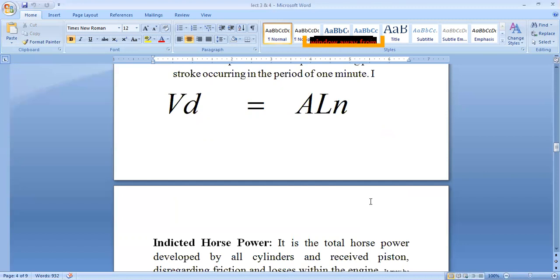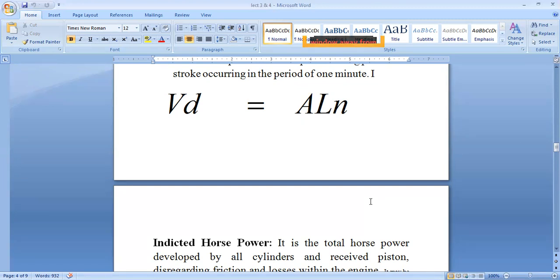How much is 1 horsepower? When 75 kg meter of work is being done in 1 second, we call it 1 horsepower. Next time I will ask you what is the horsepower. Horsepower is the unit for measuring power.